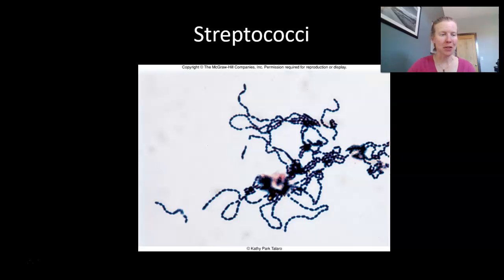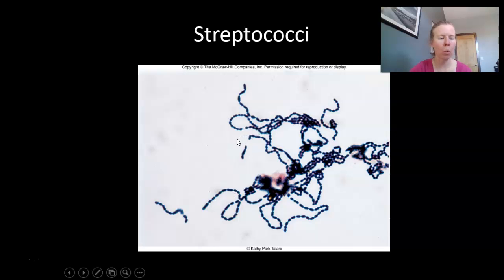So we are going to start here with streptococcal disease. Remember from lab, we've looked at this idea of strep being a description of bacterial arrangement, right? So a long chain. Cocci then refers to the spheres.